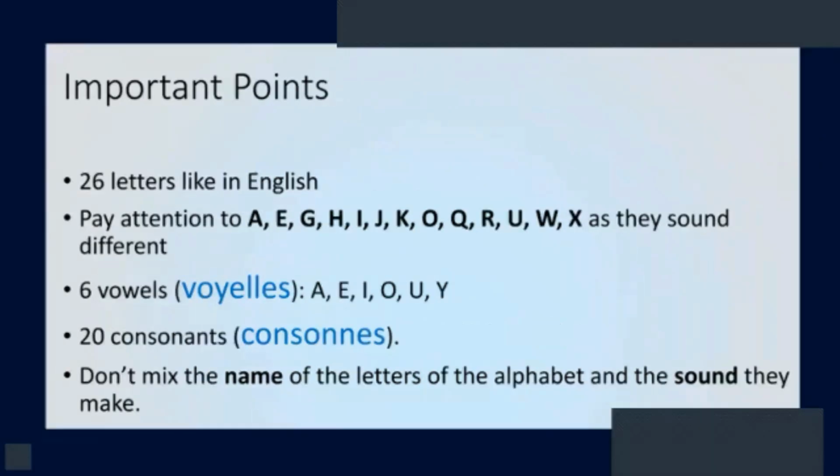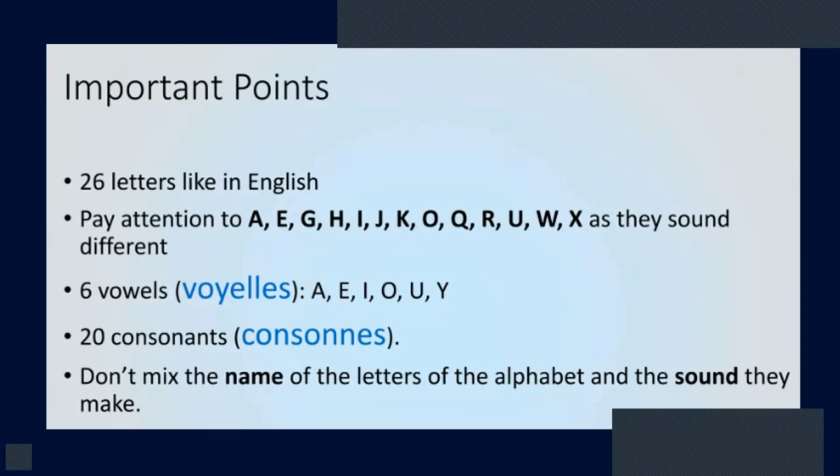We have already said before that we have 26 letters like in English, but we need to pay attention because when we say A, the sound is different. In English you say a book, that is A, but in French you say A, just like aller.